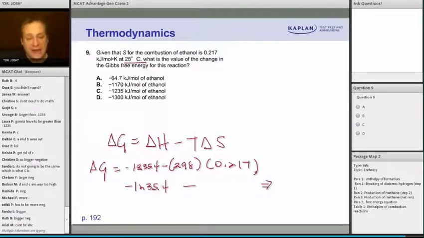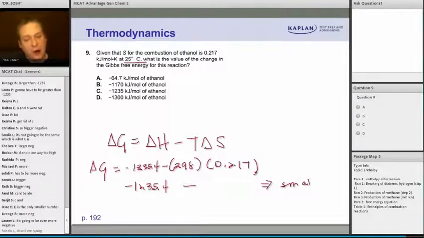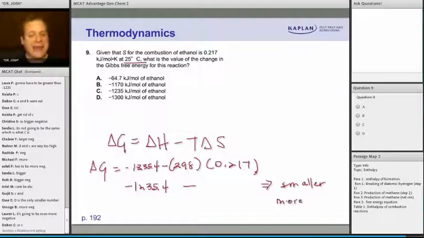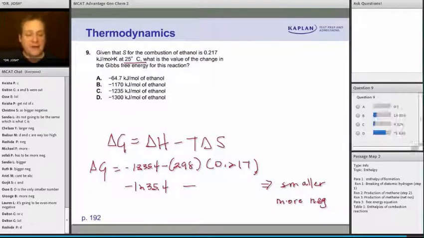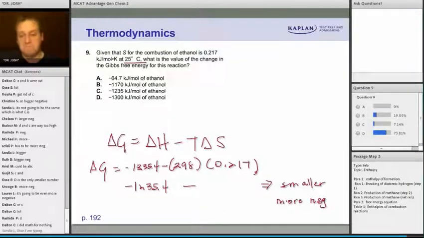It's got to be more negative. You're going to end up with a much smaller number. Remember, the more negative something is, the smaller the number it is. If you're subtracting from a negative number, you're going to make it smaller. So guess what? It's got to be D. At that point, we're done. No reason for us to do a single bit of math once we did that setup.